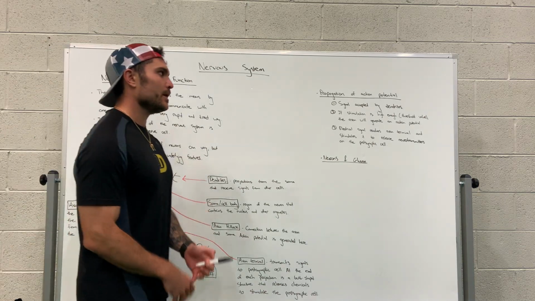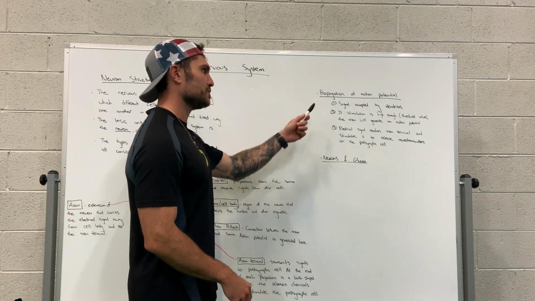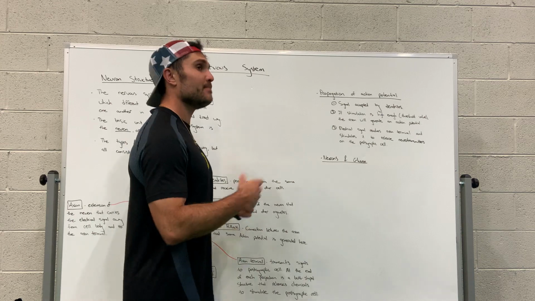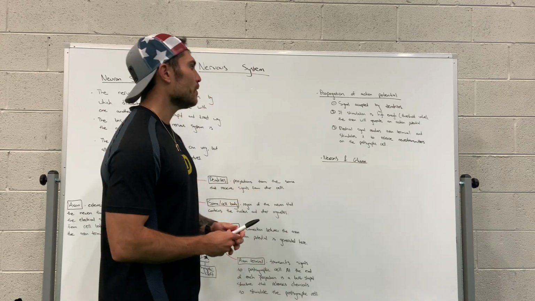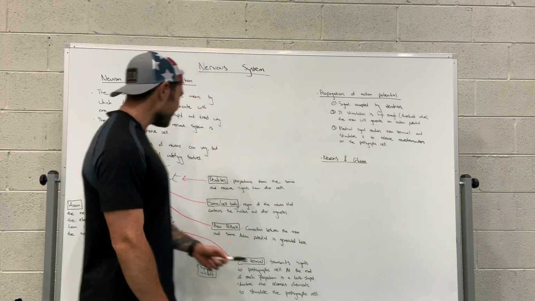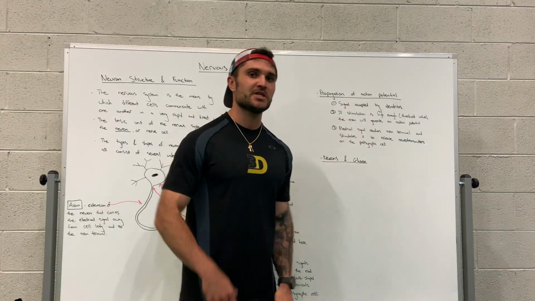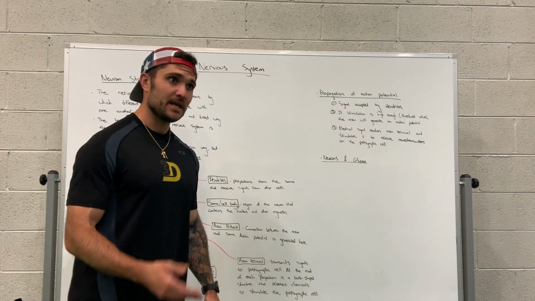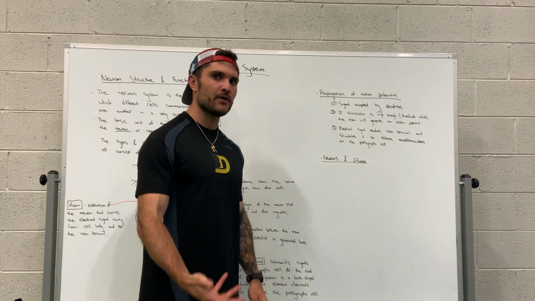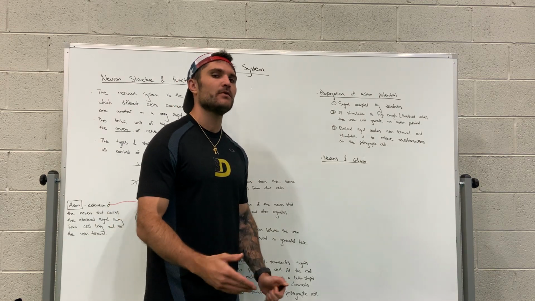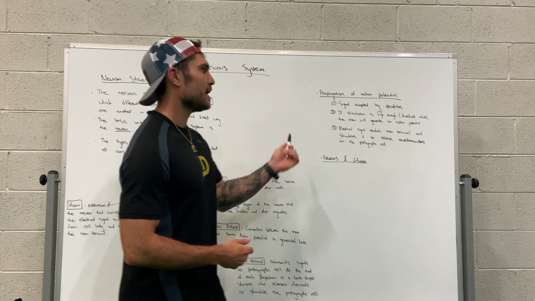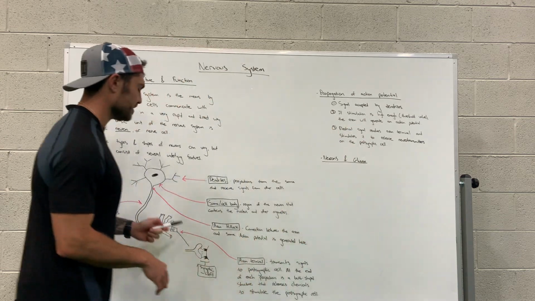Now, in summary, our propagation of an action potential can be basically summarized in 3 steps. 1, the signal is accepted by the dendrites, that's these guys. Okay, if the stimulation is high enough, meaning if it hits its threshold value of about -45 millivolts, which we mentioned before, the axon will generate an action potential.